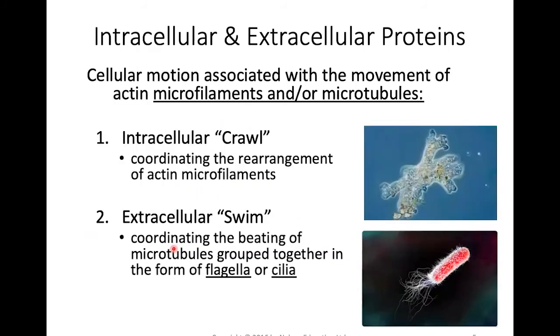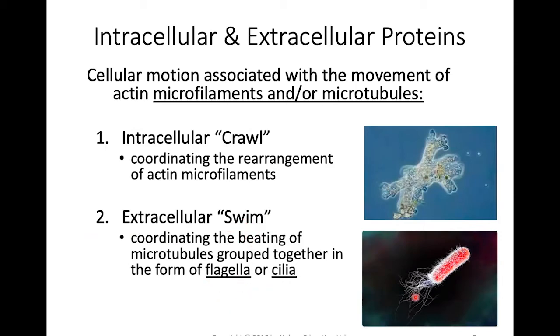Now, one way that microtubules as well as microfilaments can be used is both inside and outside of the cell. One example we've already looked at is the way in which our cells are capable of moving by essentially swimming using a flagella or cilia.